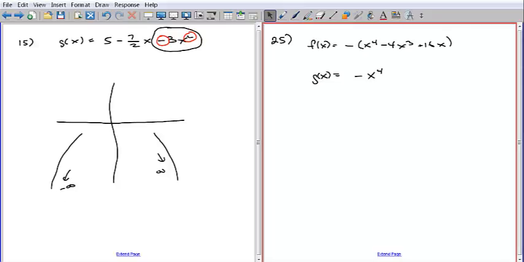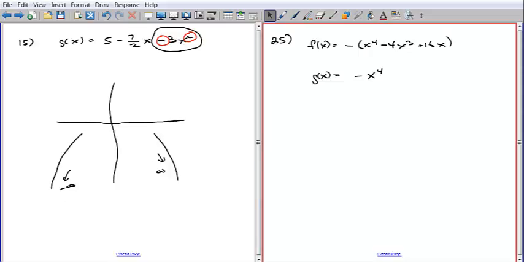So the second function is basically the first function, except we dropped the two terms here. And when x gets very large, these two curves approach each other. And they have the same end behavior, meaning they're going to be pointing downwards, like this one over here.